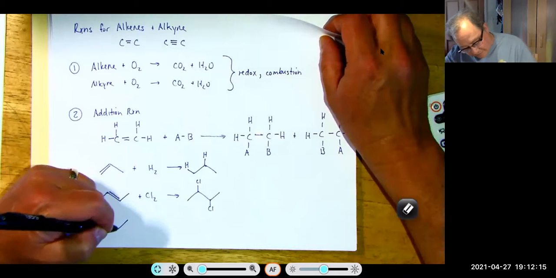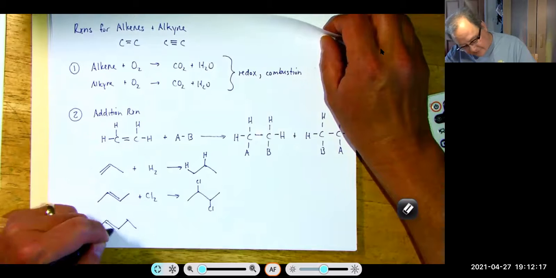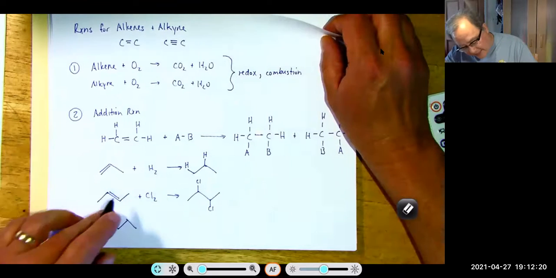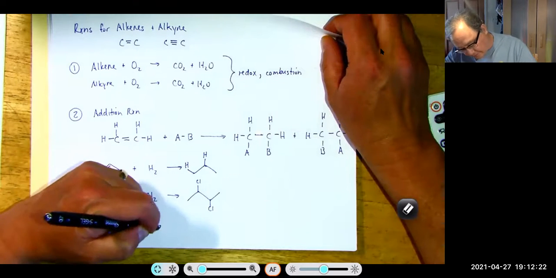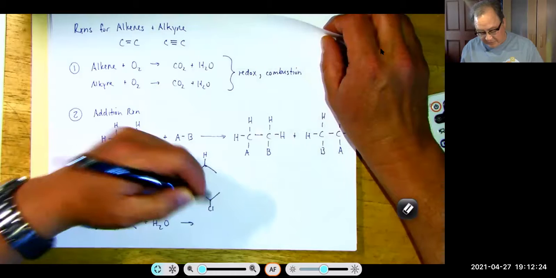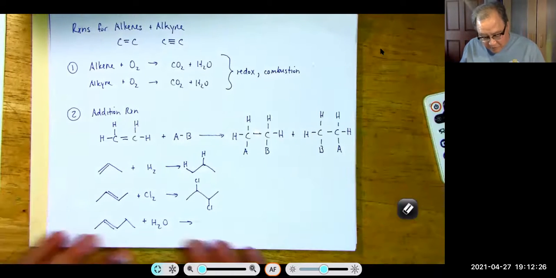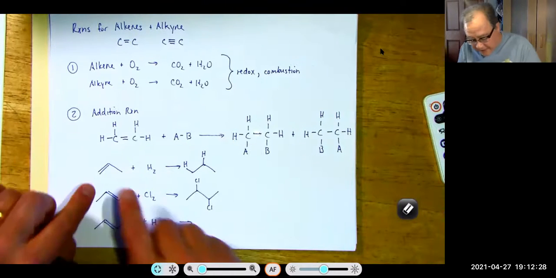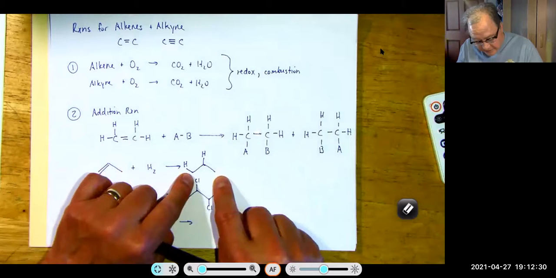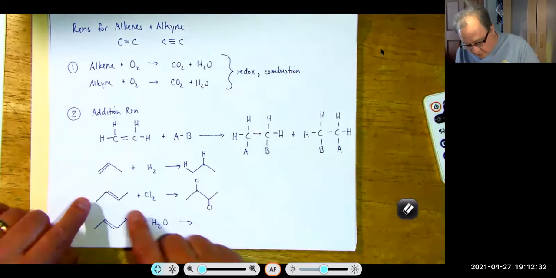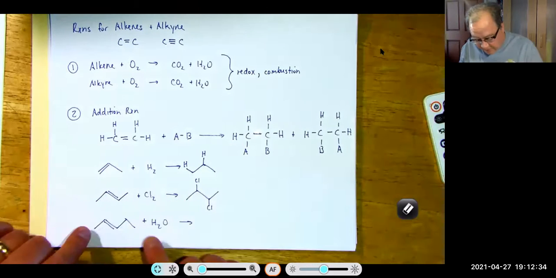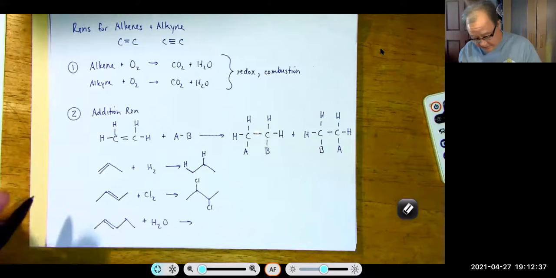Only this time we're going to have 5 instead of 4, and I'm going to add H2O. So if I've done this like my other products, here I start with 3 carbons, I end up with 3. Here I start with 4 carbons, I end up with 4. Here I start with 5 carbons. How many carbons do I end up with?